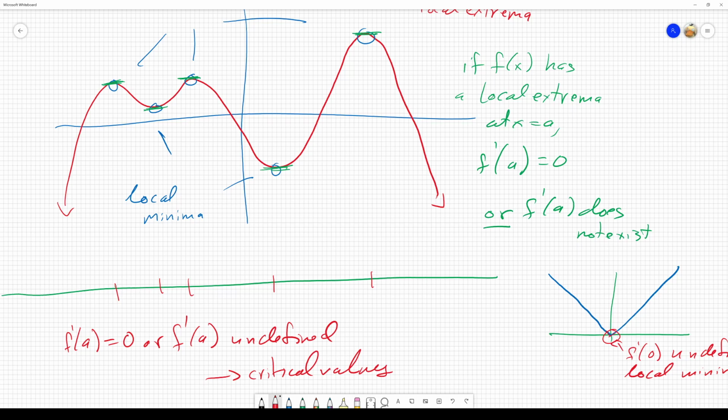So then I can put those critical values on a number line. This is just a sketch drawing, so I'm not going to put numbers in now. But what you can see is that between two critical values, the function is either increasing everywhere or decreasing everywhere. And at these critical values, the direction that the graph is going always switches, although that's not always going to be the case, and I'll do an example in a minute where that's not the case.